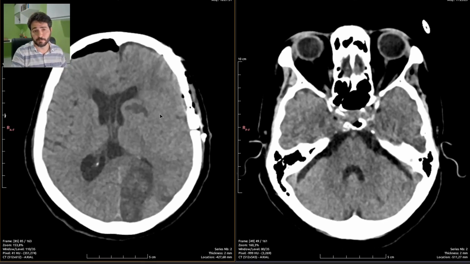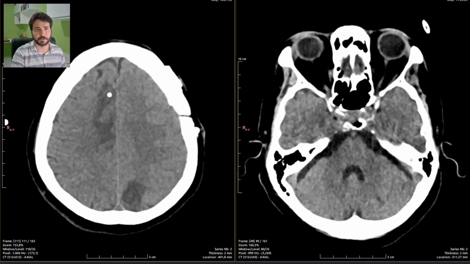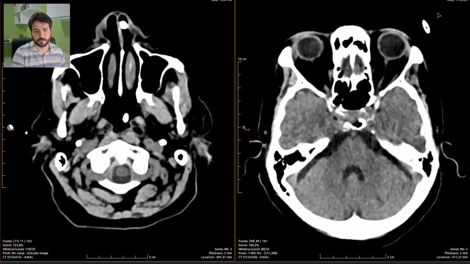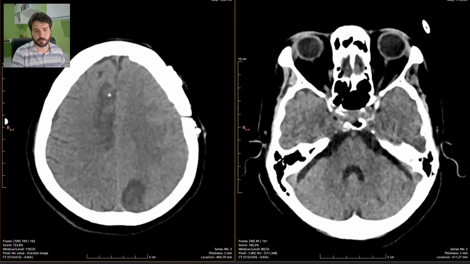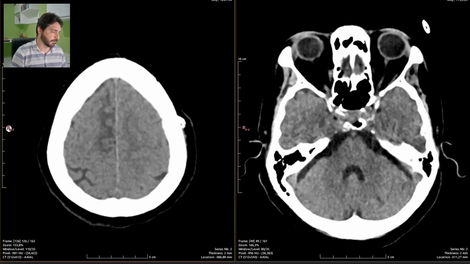Oh, I missed the tiny calcifications. Just measure the largest calcification, 4 millimeters, and it's all on the right frontal lobe.